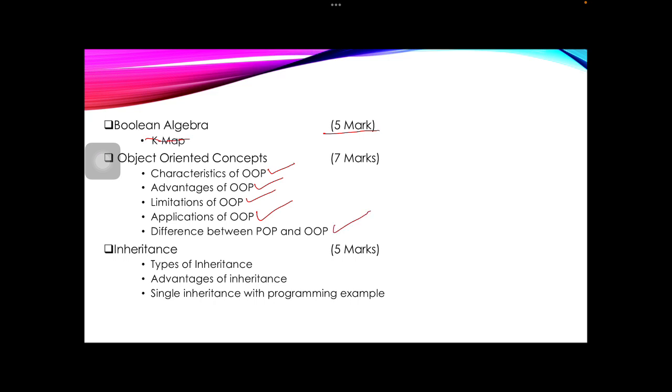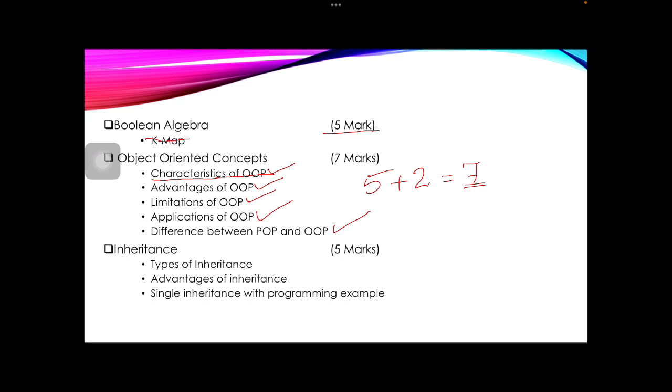If you study these 5 questions, you can expect one question of 5 marks. Then from characteristics of OOP, you can expect a question of 2 marks. So a total of 7 marks you can score from this chapter.